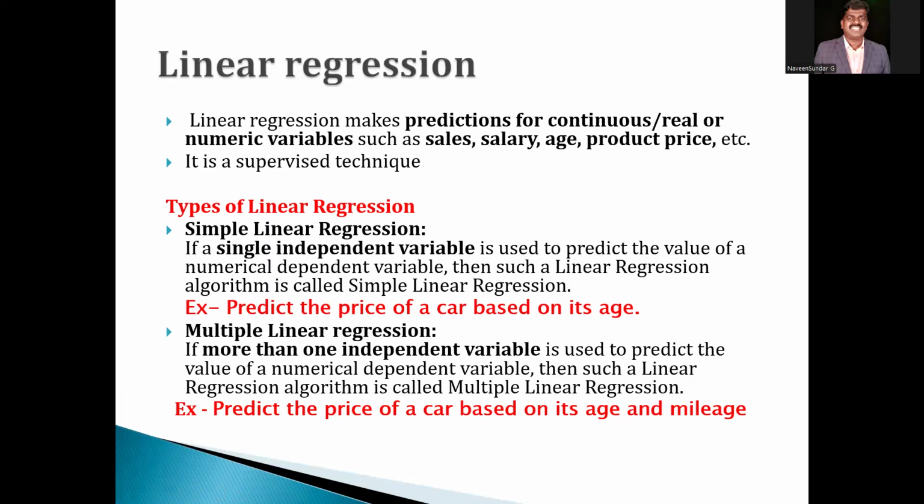So we are using more columns as independent variables which the price of the car depends on. Got it? This also gives output only in numerical value, right? So these are the examples of linear regression.